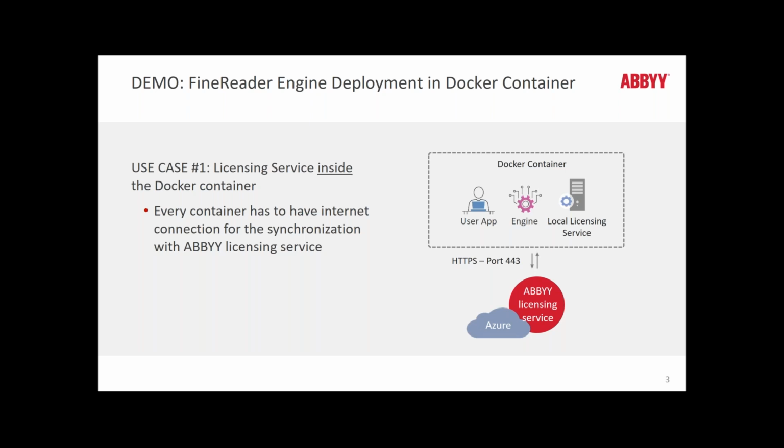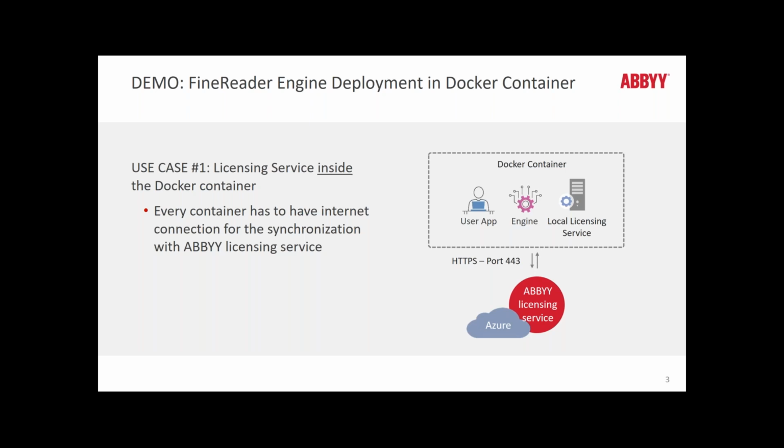So what could a sample use case look like? Why would I want to install the licensing server on the container together with the FineReader Engine development environment? For example, if I want to offer OCR services to multiple customers, I decide to have each Docker image unique for my customer, and inside this image I have all the customer required changes and setup.